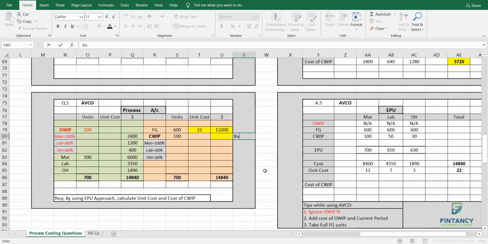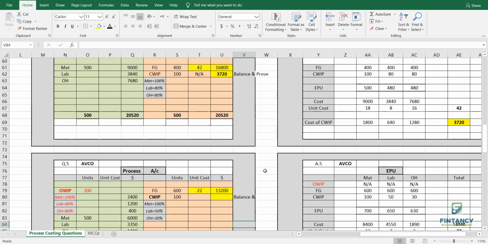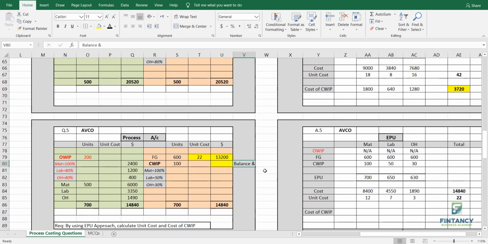See, remember, balance and what I wrote above, balance and proof. Yeah, balance and proof. So how to balance this minus this? So 1640 is coming my cost of closing work in progress.